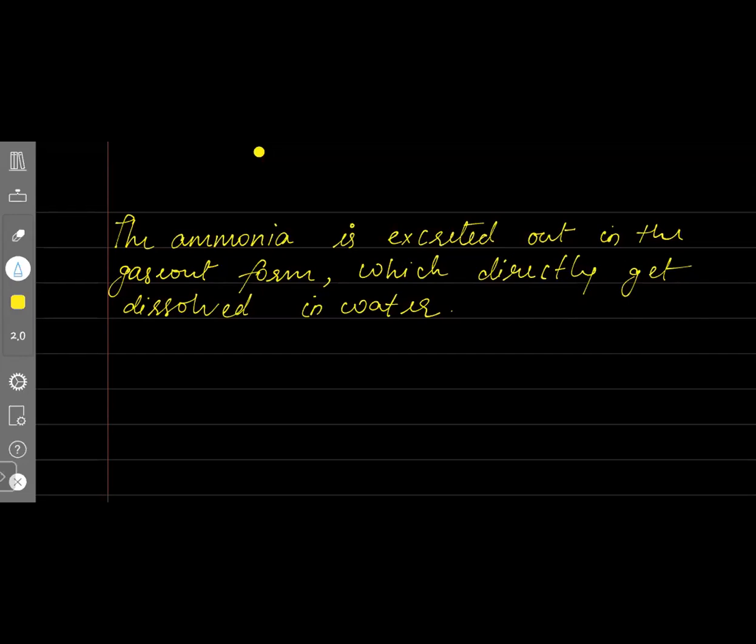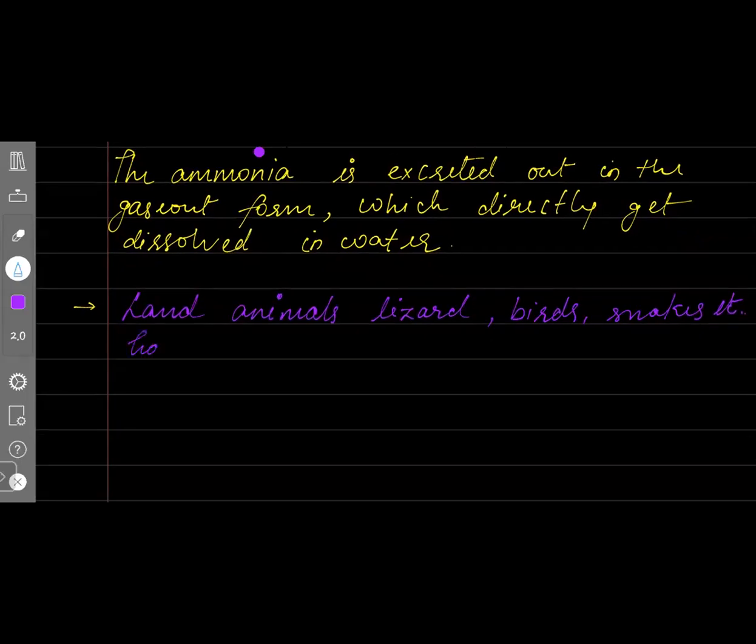Land animals will not excrete ammonia. Take land animals like lizards, birds, snakes, etc. We can say they have less water availability.